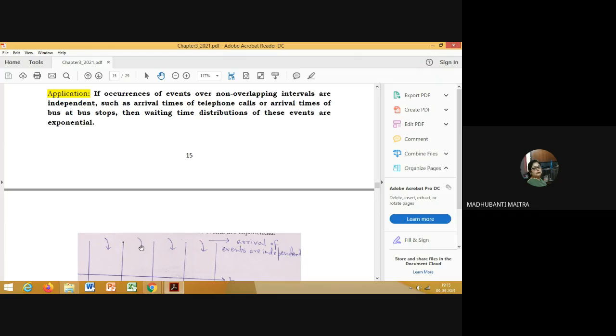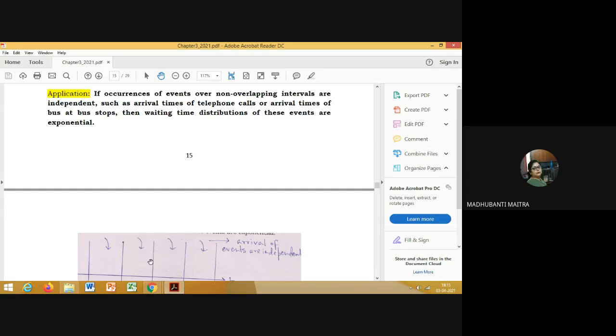We know Poisson distribution is a discrete distribution, and that can be verified from this fact as well, because we know that either one bus can arrive, or two buses can arrive, or three buses can arrive. So the associated random variable x can assume 0, 1, 2, 3, discrete values only, but waiting time is distributed over the complete interval.